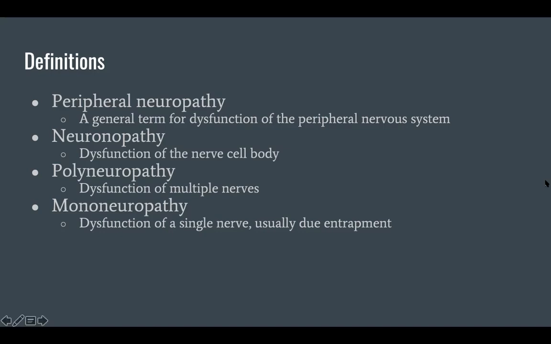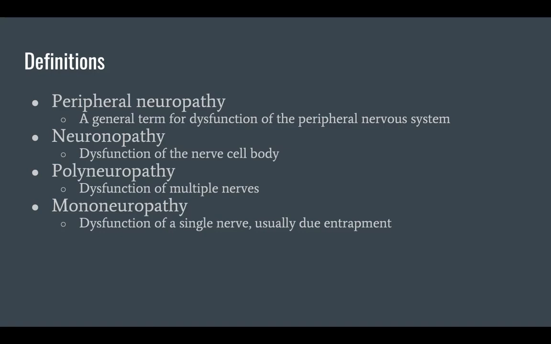Mononeuropathy is just one nerve. An example of that would be Saturday night palsy. A patient has their arm across a chair, got drunk, and now they've got entrapment of that radial nerve. So that would be a mononeuropathy.